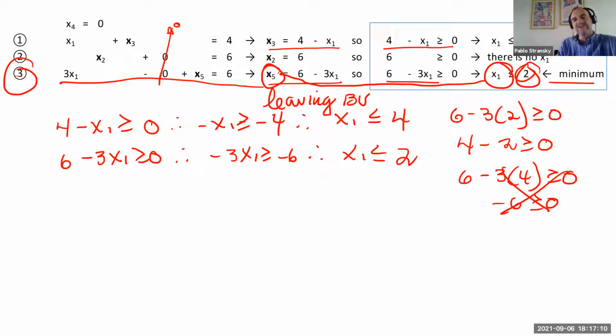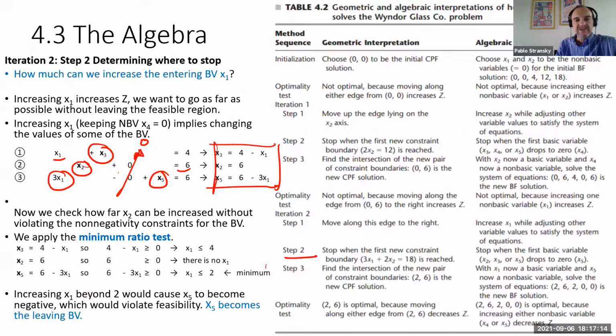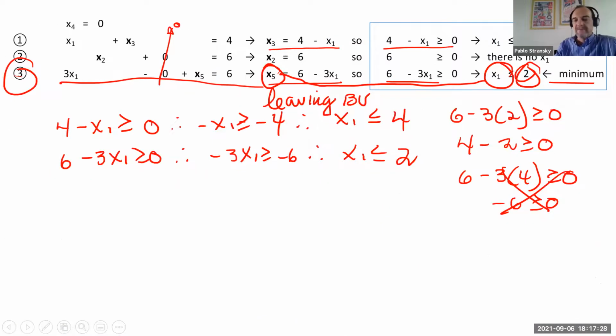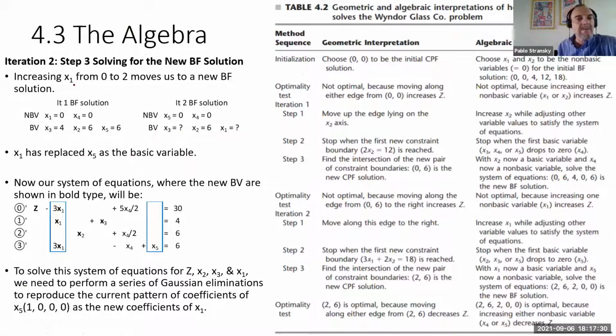Okay, the Gaussian eliminations. Now, before we do some Gaussian eliminations, let's come over here. And this is exactly what I say. This is the minimum value. So x5 becomes the leaving basic variable. Now my solution at this point, my iteration 1 BF solution, was this one.